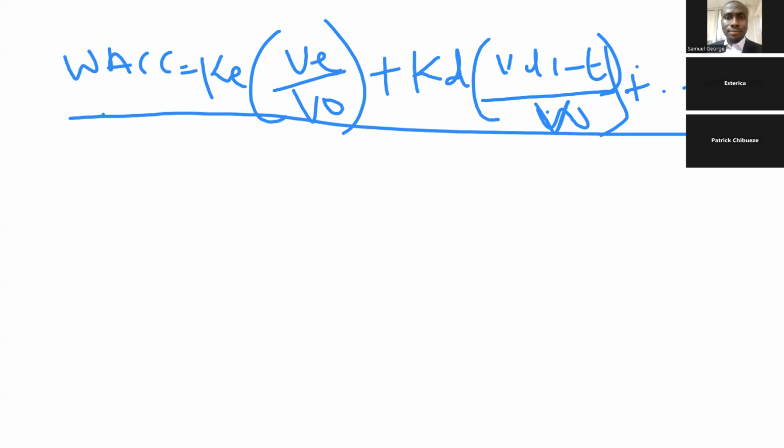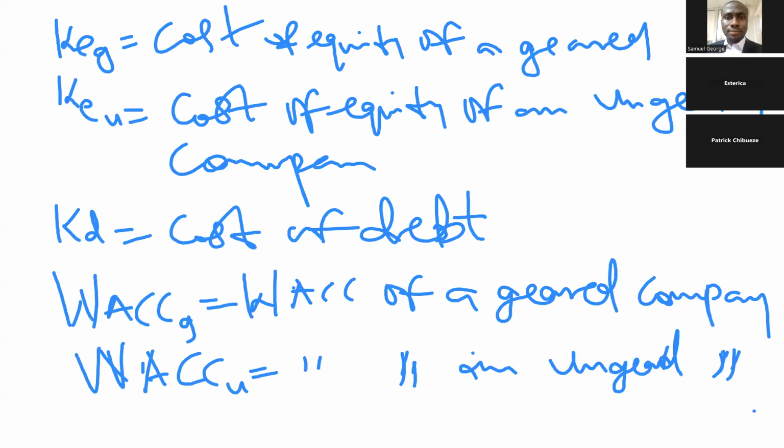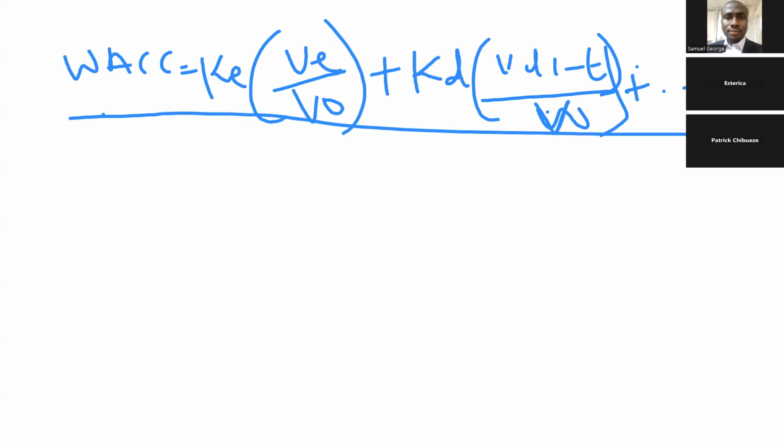This is the weighted average formula. What I want to show is that this is the weighted average cost of capital.